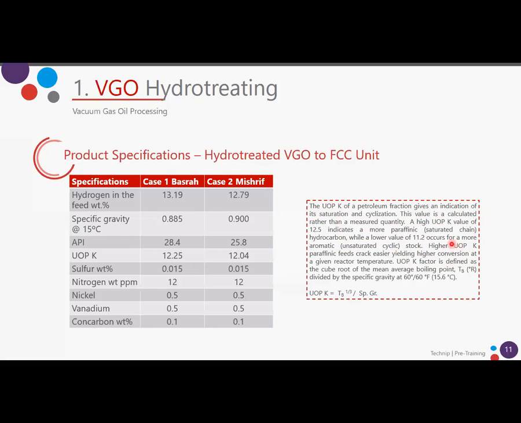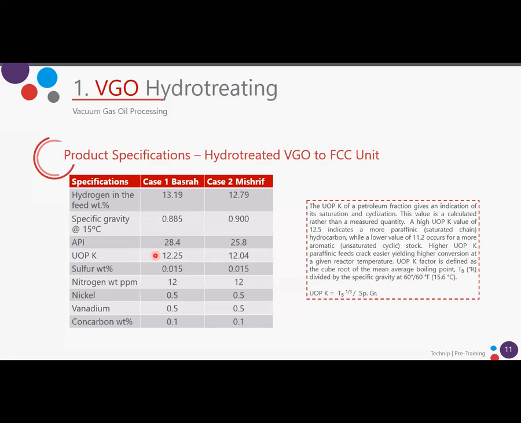So when you have a higher UOPK, paraffinic feeds will crack easier in the following unit, in the FCC. And we have a higher conversion at the reactor temperature. And this is more or less how you will calculate this value: it is the mean average boiling point of the fraction divided by the specific gravity.